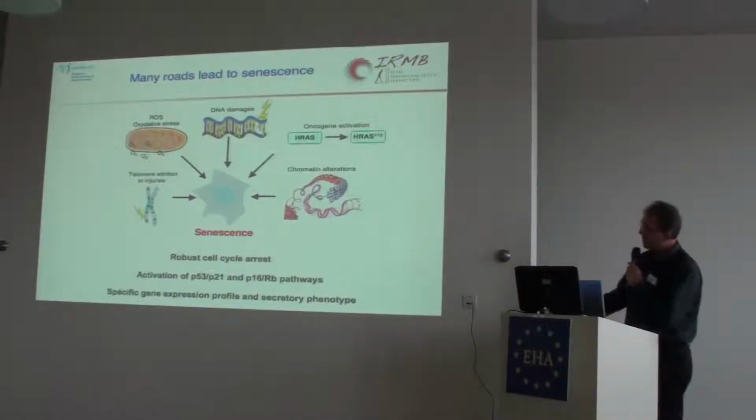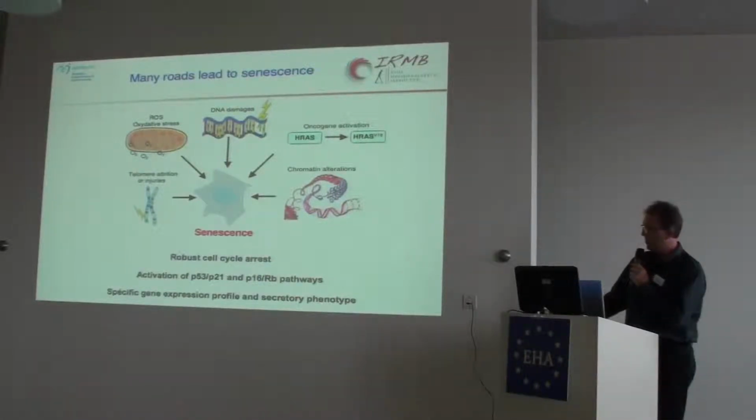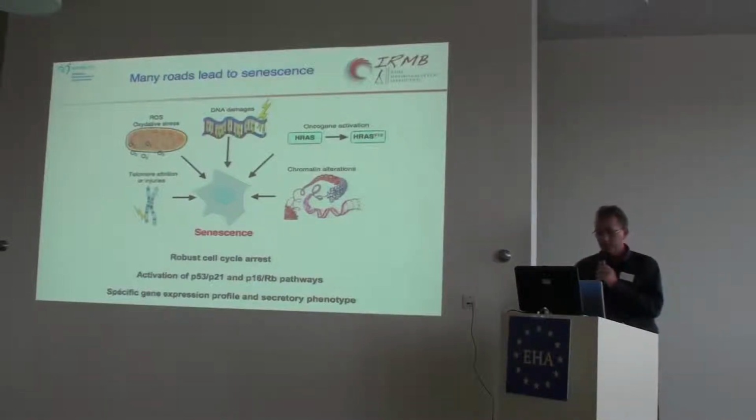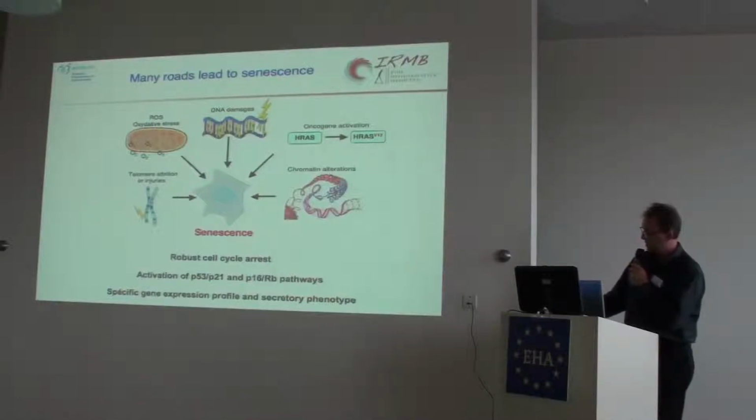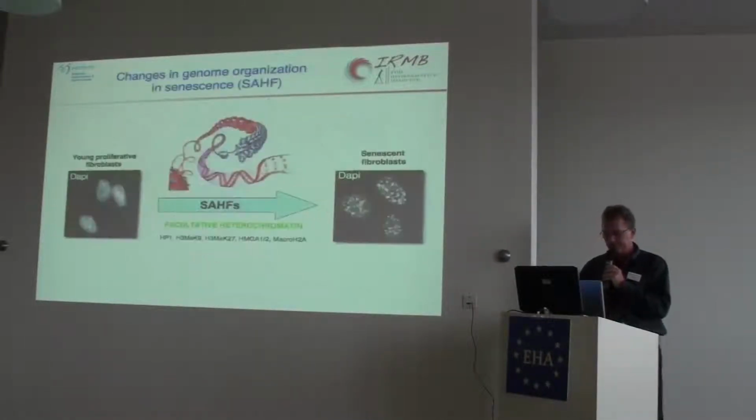Senescence is clearly a robust cell cycle arrest with the activation of two major pathways, p53 and the p16/RB pathway. A senescent cell is a sort of new engaging program, because there is a really specific gene expression profile and also a secretory phenotype that is really deleterious for the tissue.